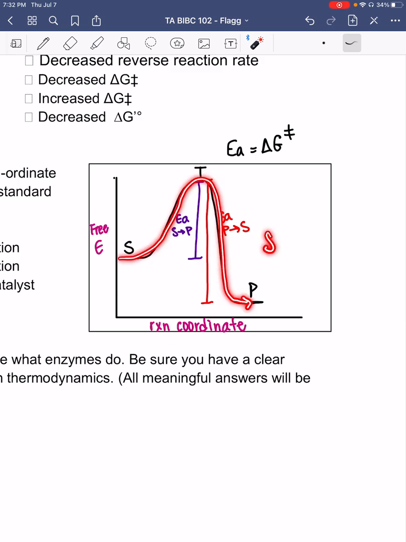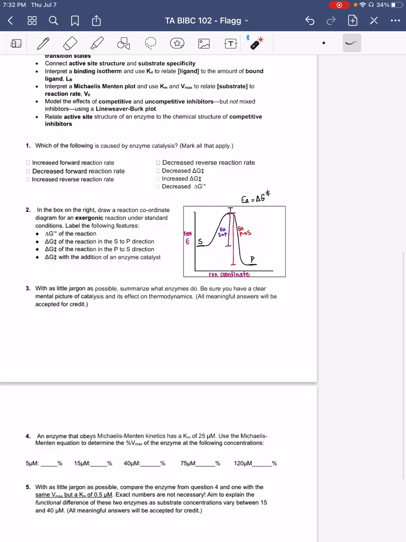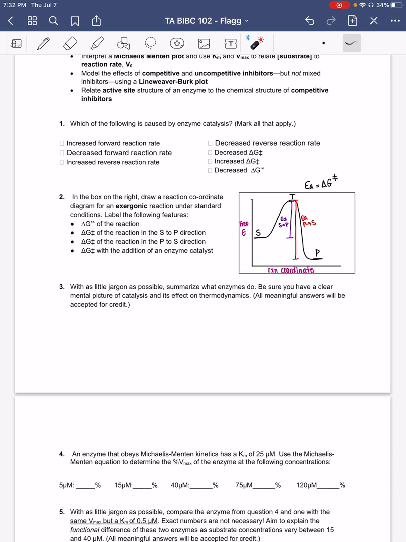That is why substrate to product is a more favorable and attainable reaction. Now, we have the two activation energies down: S to P, P to S.